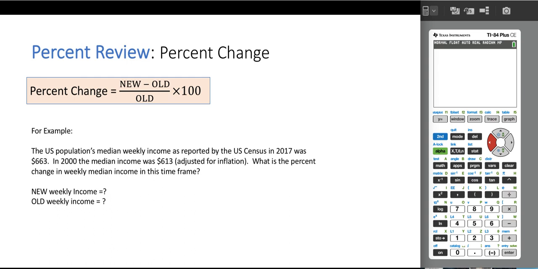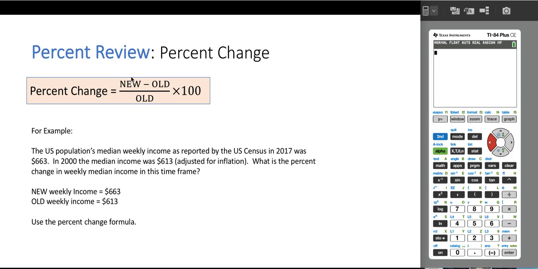Okay, so we need the new weekly income and the old weekly income. The new weekly income is $663. That's what the income is in 2017. That's the latest period. The old weekly income was $613.